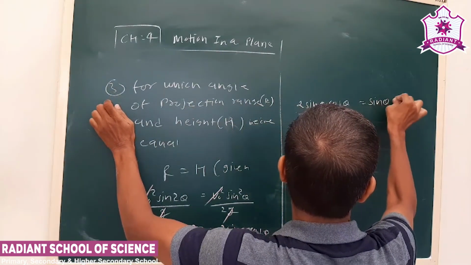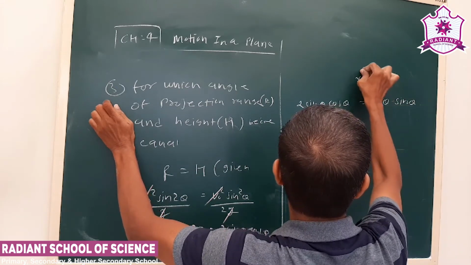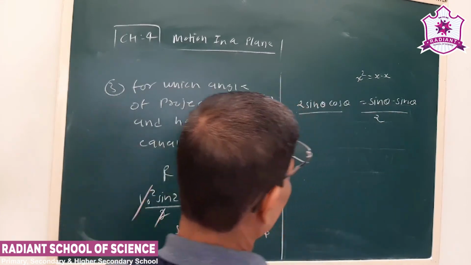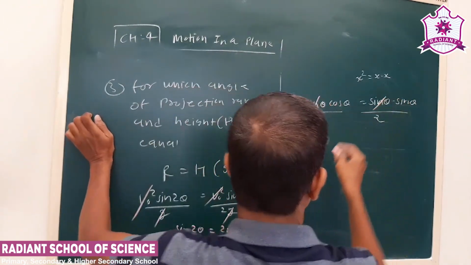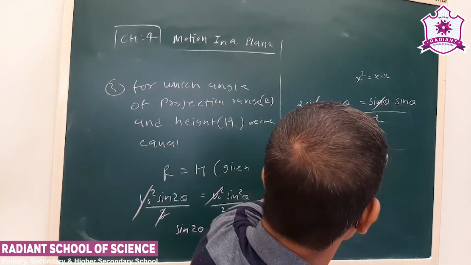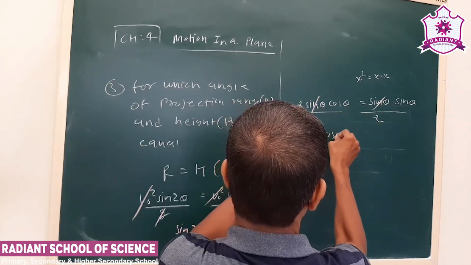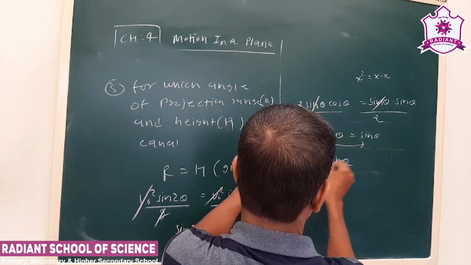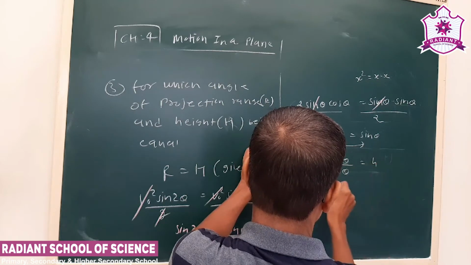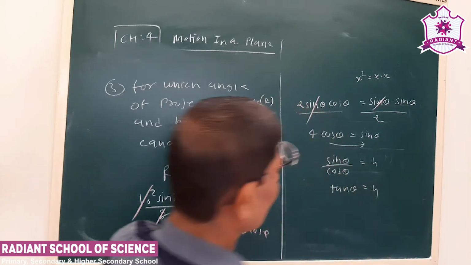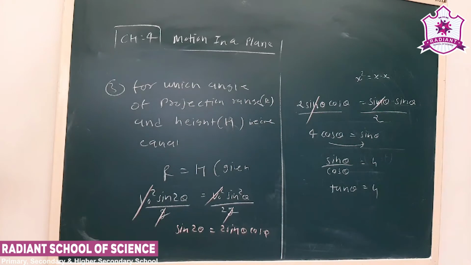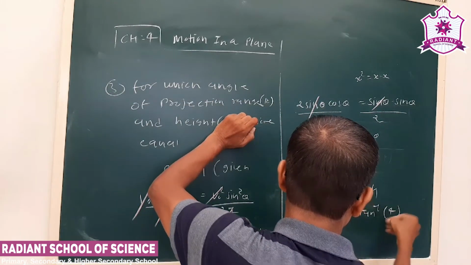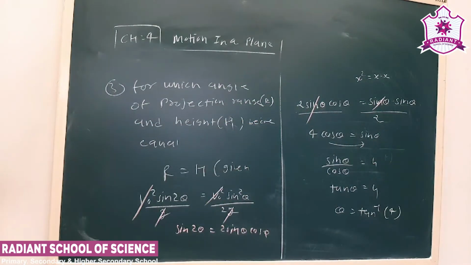I can write sin square theta as sin theta into sin theta, and one of the sines will get cancelled. So 4 cos theta is sin theta. Depending on the option in your MCQ, theta is tan inverse 4. So this is how we can solve it.